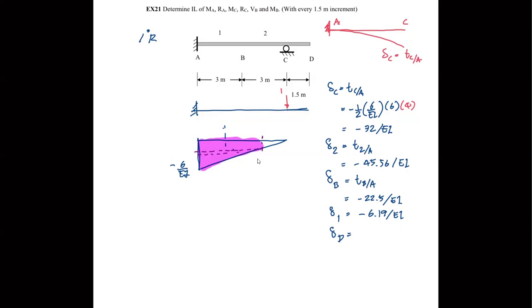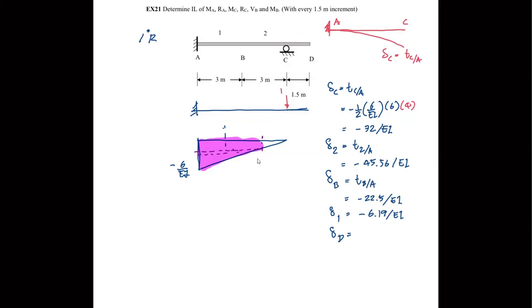What is this? It's very interesting because you must know that point D here is after the load itself, right? So this would have to be a straight line.